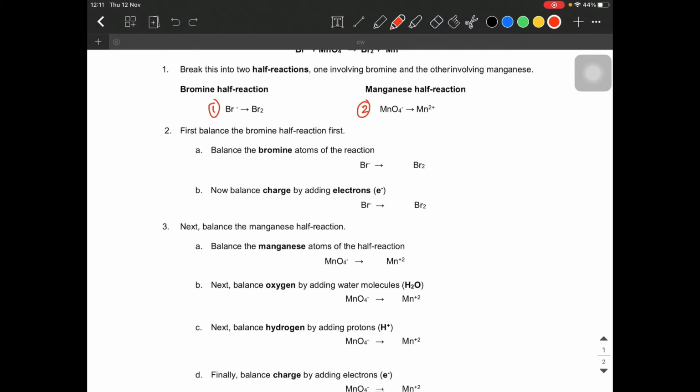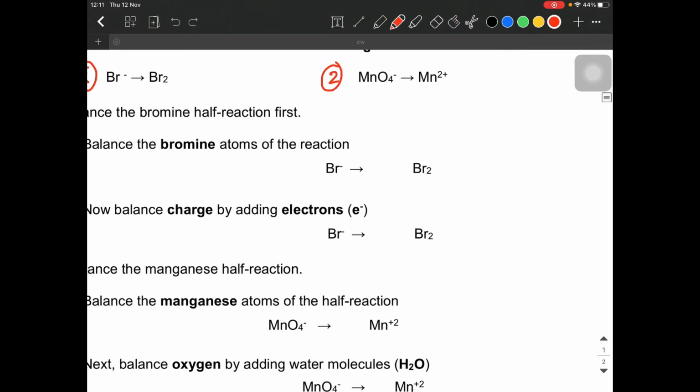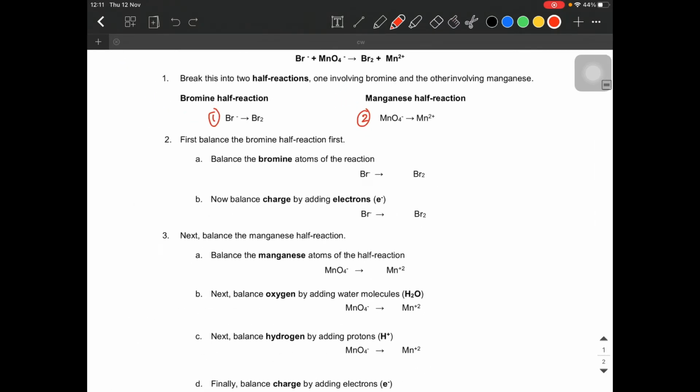Since the number of bromine in Br minus on the left and at the right is different, you just need to multiply by 2 on the left hand side, because on the right hand side there are 2 bromine atoms. And then the next step is you have to balance the total charge at the left and at the right by adding electrons.